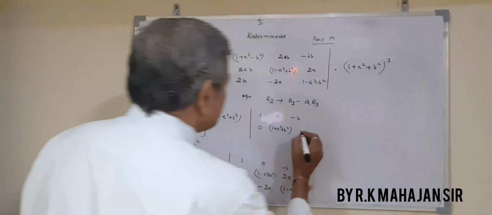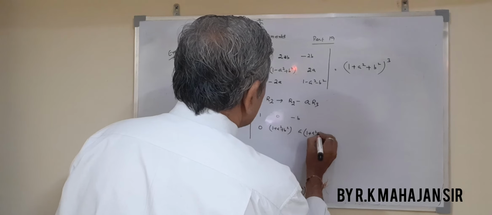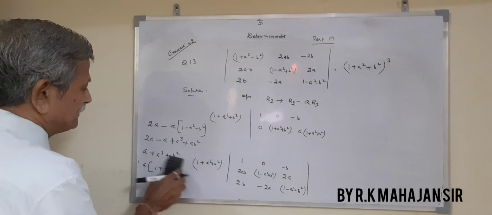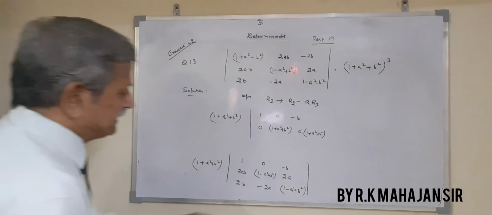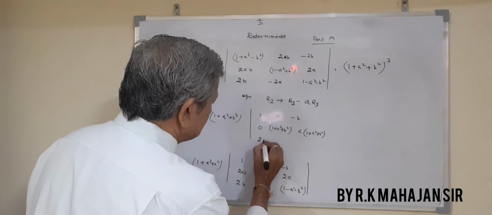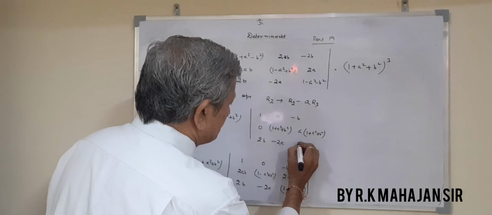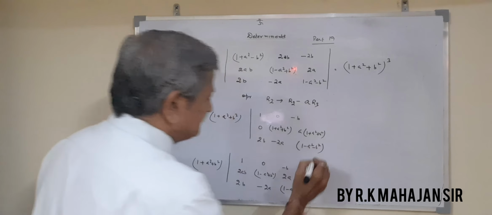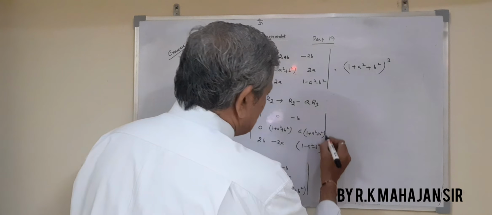So here you would find a into 1 plus a square plus b square, and in the last column you would have the same element, because we are not operating on the third case, so you are left with 2b and minus 2a and your 1 minus a square minus b square. So this is what is left after the operation.